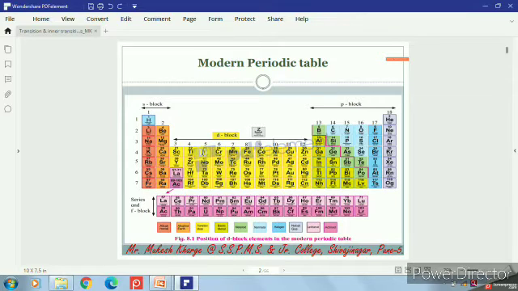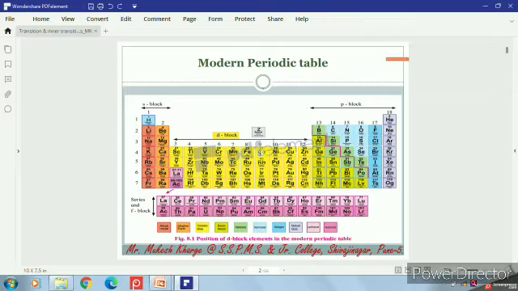Vanadium, argon 4s2 3d3. Then we'll see first manganese, argon 4s2 3d5. Iron, argon 4s2 3d6.